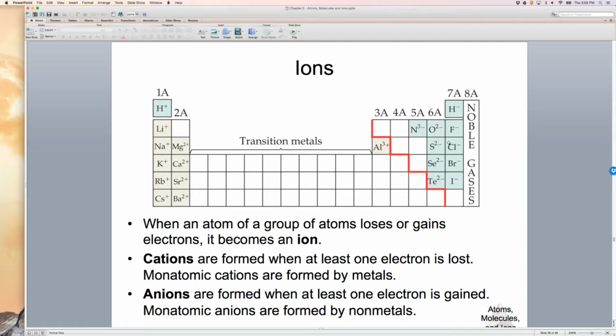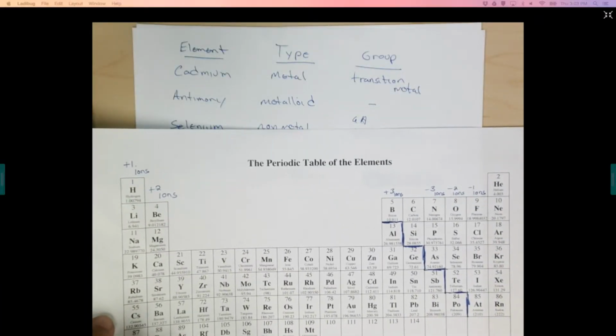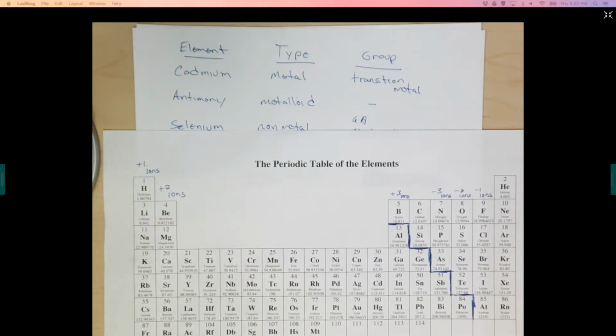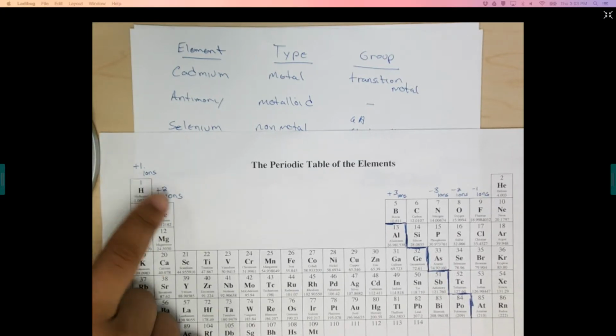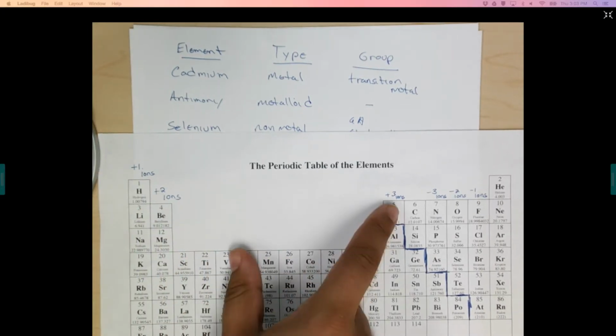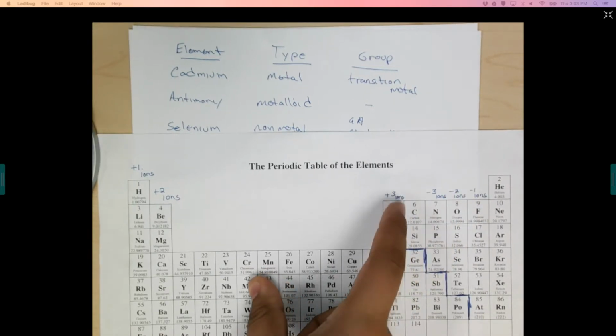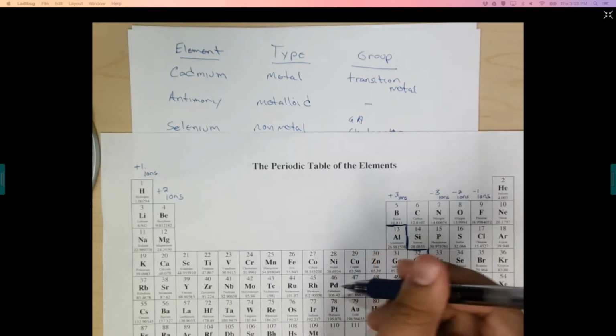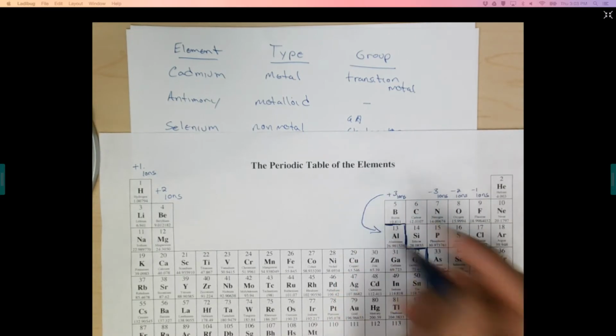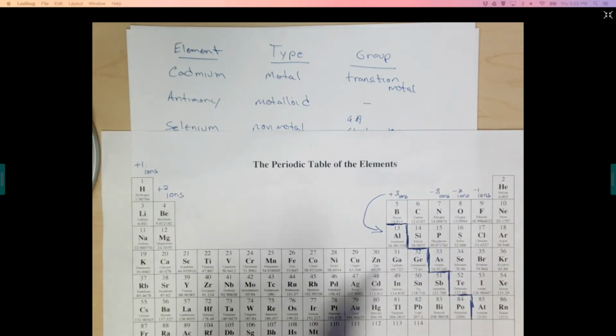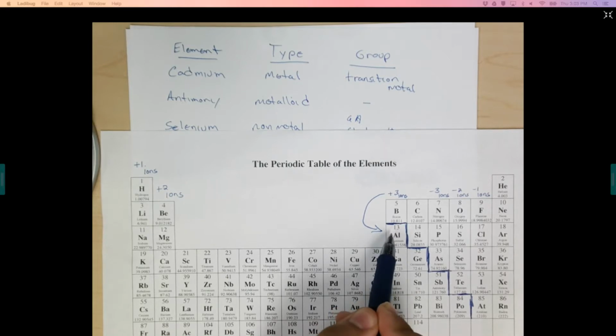All right? The way I have chosen to represent this on a periodic table, and you can do so on your own periodic table in your notes, is to write the type of ions that each of these columns generally produces. And remember, aluminum is the one that matters here because aluminum is the only metal in this situation that we need to be worried about.